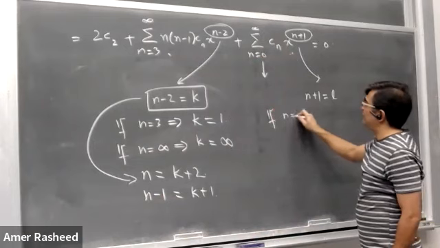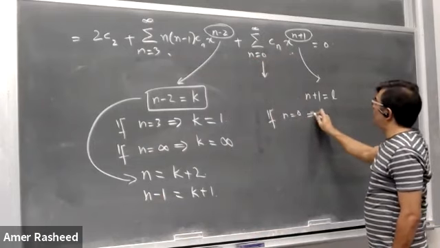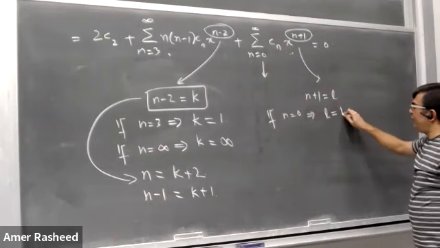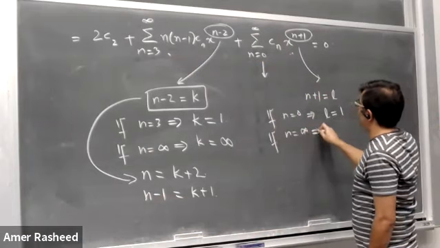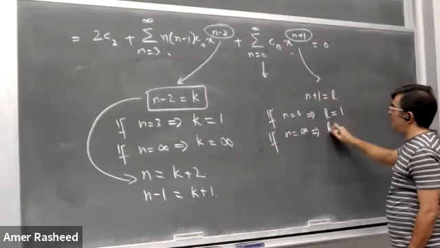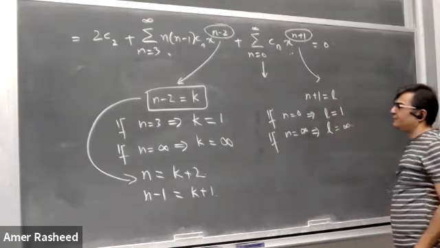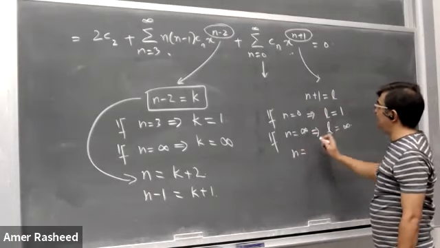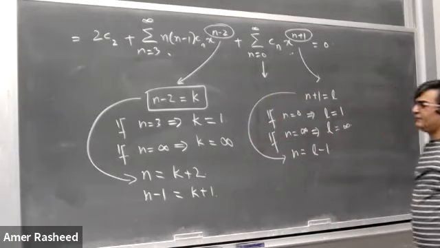If n is equal to 0, the starting value, what will be the value of l? We put n equal to 0, and the value of l will be 1. If n is equal to infinity, the value of l will be infinity, because infinity plus 1 is infinity. And similarly, the value of n will be l minus 1.